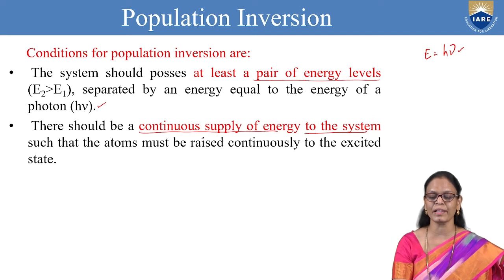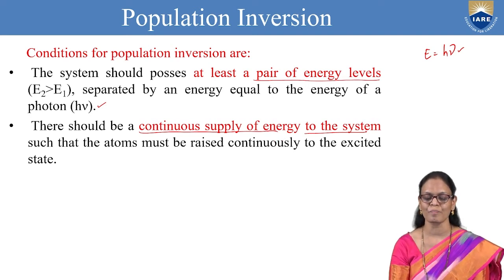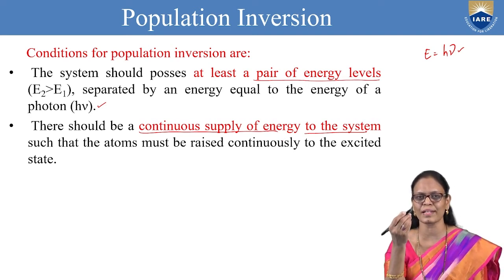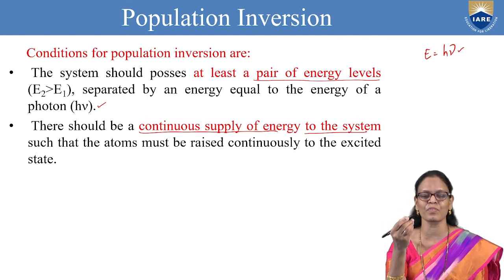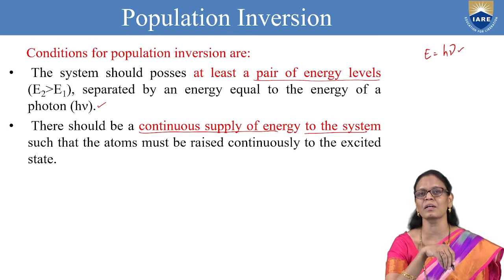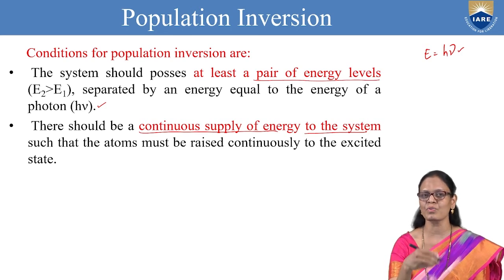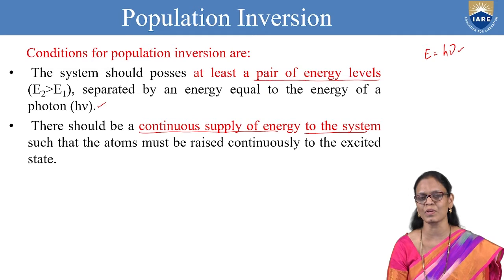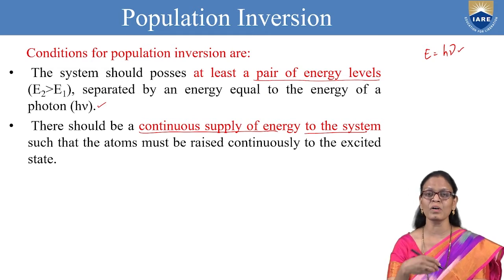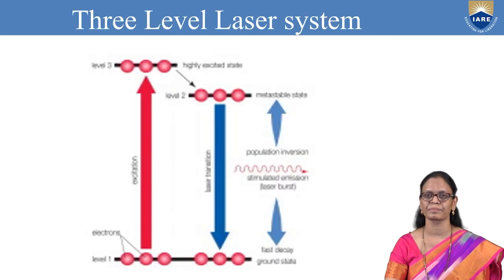There should be a continuous supply of energy, because once the atoms go to the excited state, they cannot stay there for a longer time. After the lifetime is over, they come to the ground state, and if there is no energy supply, they will remain in the ground state. That is why we need a continuous supply of energy so that the atoms will undergo transitions.